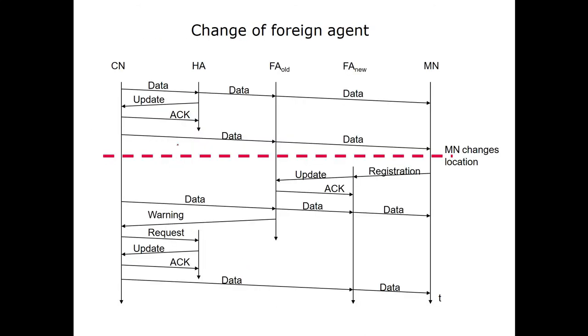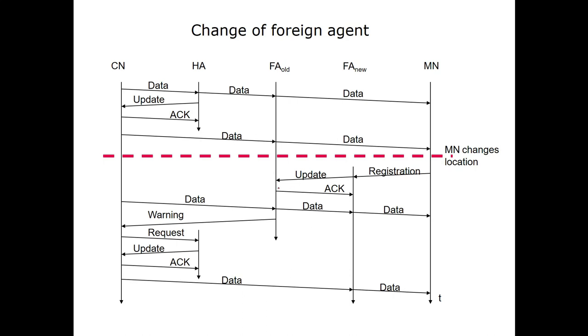So this is the process that I have explained. First, the correspondent node sends the data to the home address, and from the home address, it will send the data to the old foreign agent, and the old foreign agent will send the data to the new foreign agent with respect to the mobile node. When there is an update, it will automatically send the update, and it will automatically register for the new location.